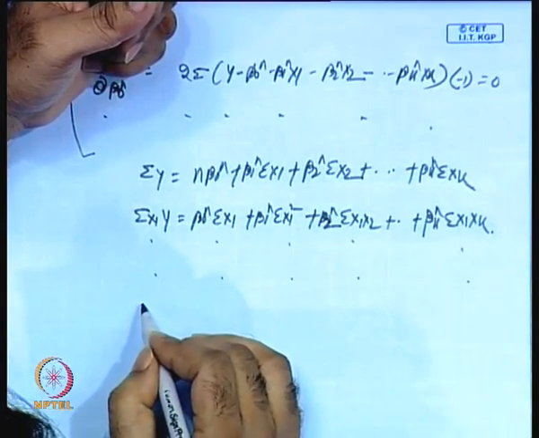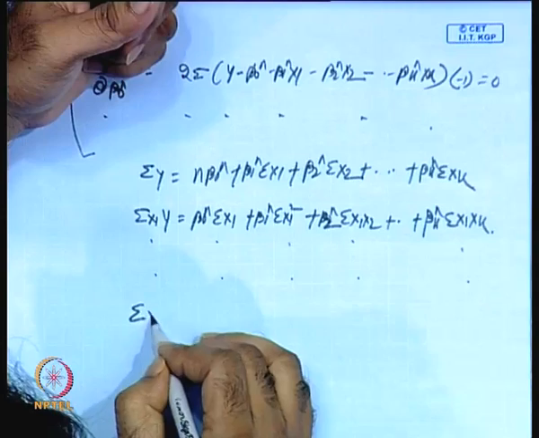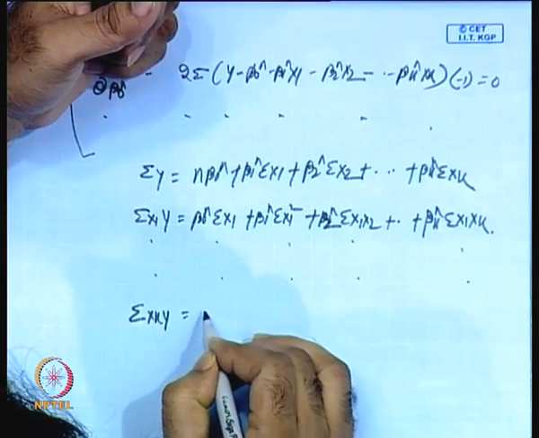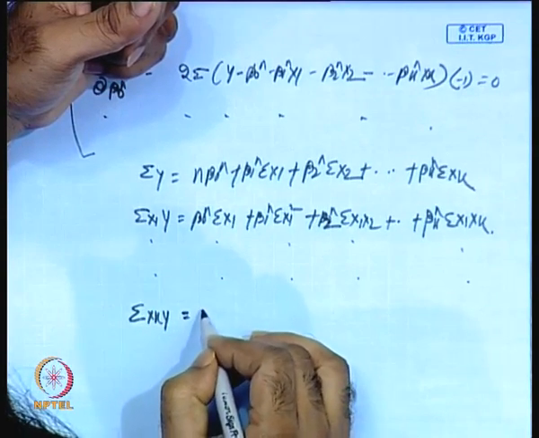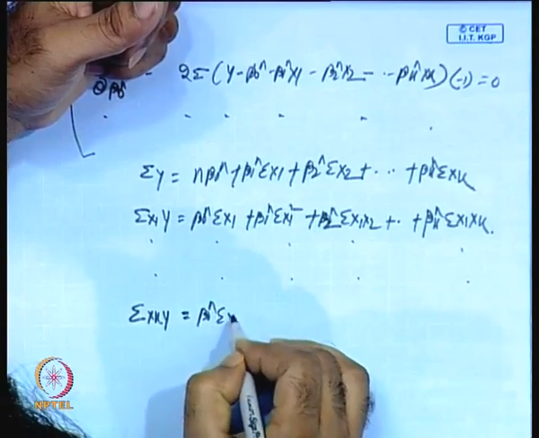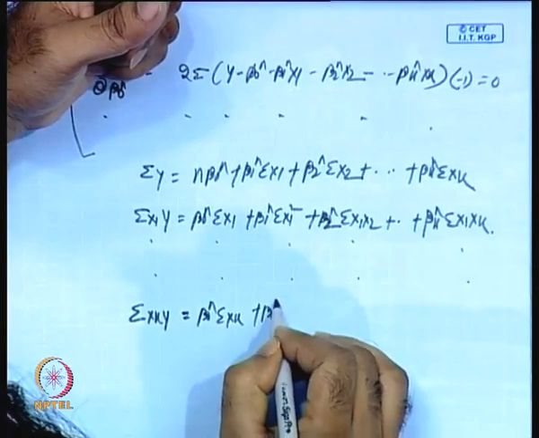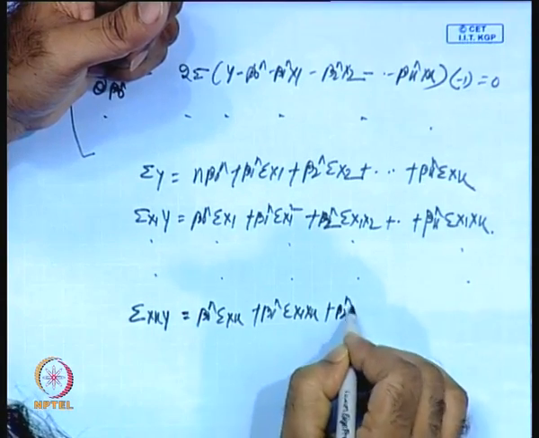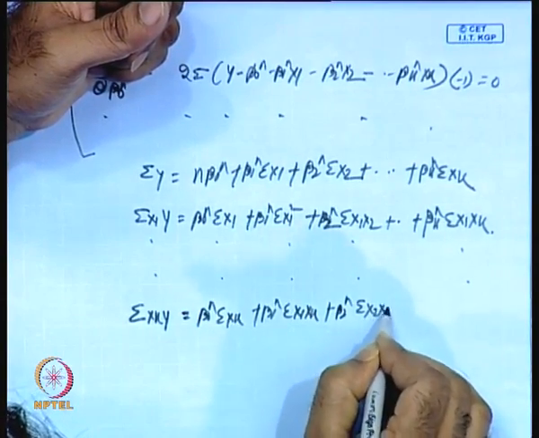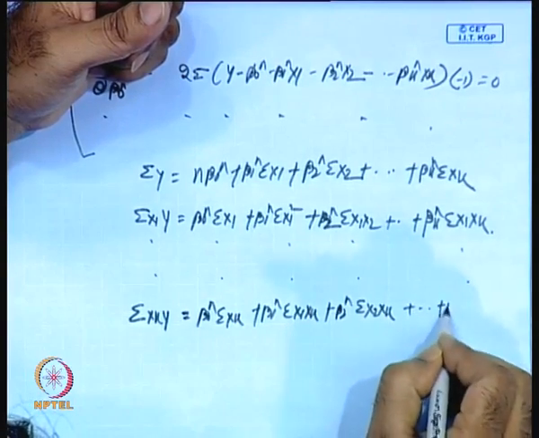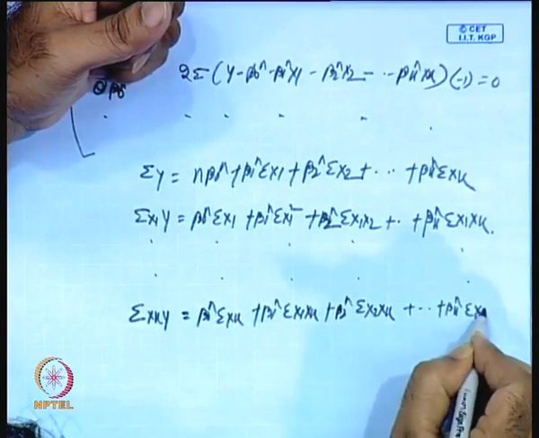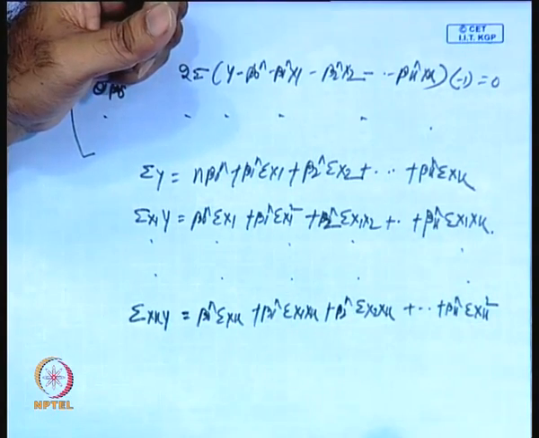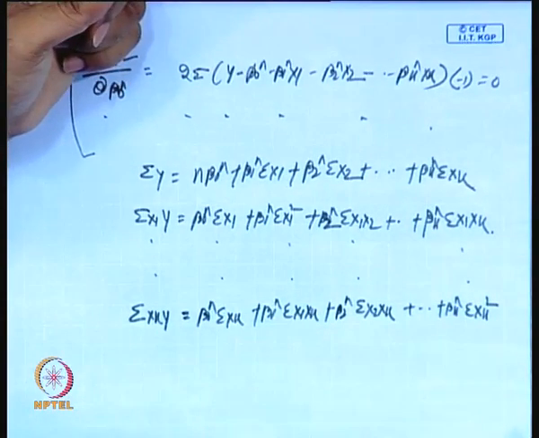Then summation xky is equal to beta 0 head summation xk plus beta 1 head summation x1 xk plus beta 2 head summation x2 xk plus beta k head summation xk squares. This is how you have to proceed subsequently.